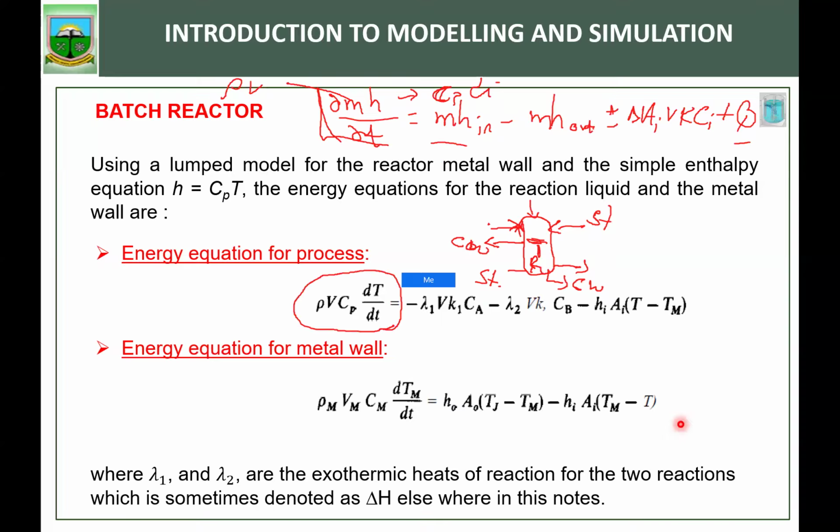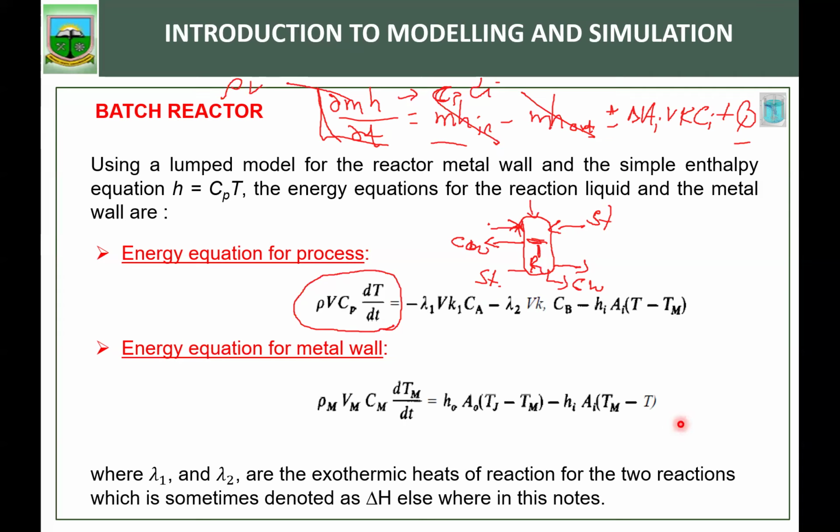So you now see that the accumulation term is equal to what? Rho V Cp dT on dt. Then the next one, we said that it's a batch reactor. There's no input, so this is zero. This is zero, so that one will not account.